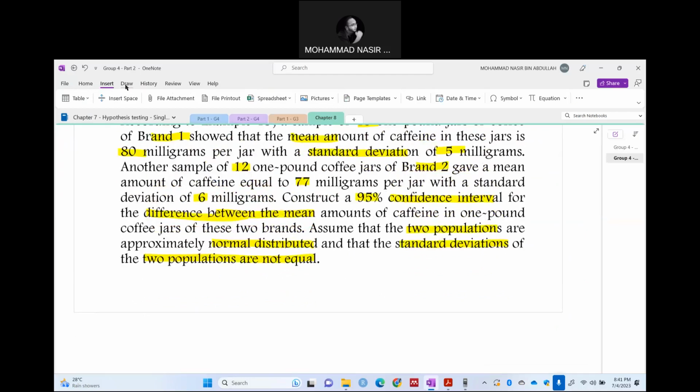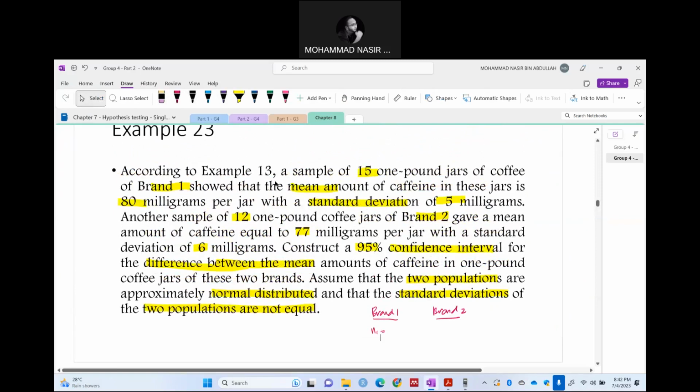So let's extract the information. Brand 1 and brand 2. For brand 1, we have n1 equal to 15.